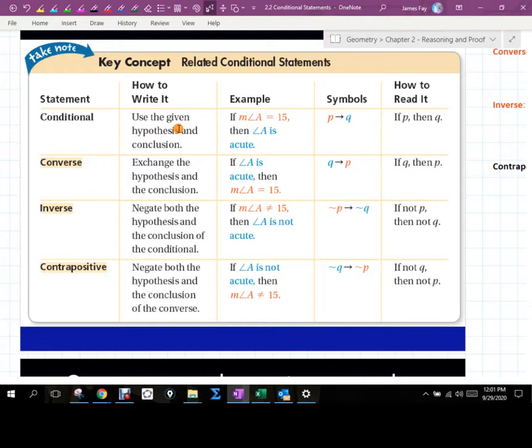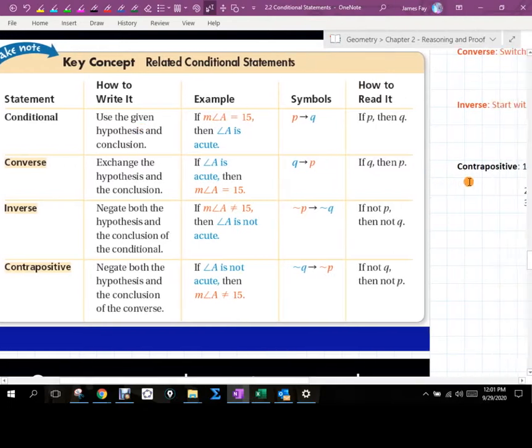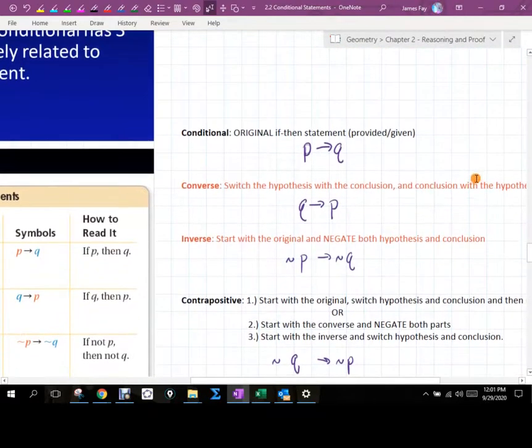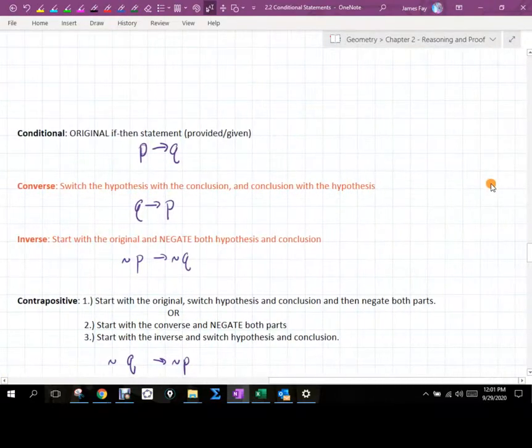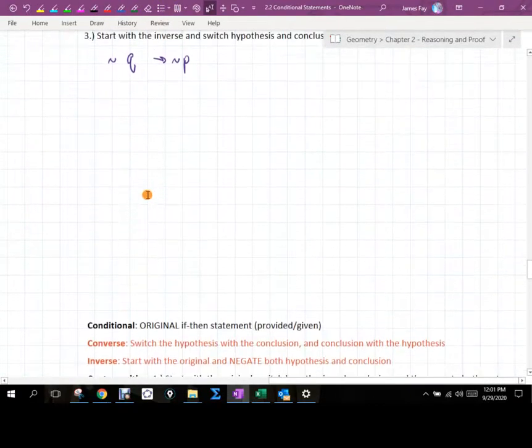The converse is you take that original and all you do is you flip the if and then parts. You flip the hypothesis and conclusion. So let's write some just basic ones over here real quick.